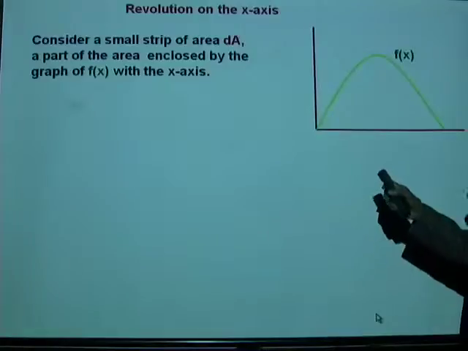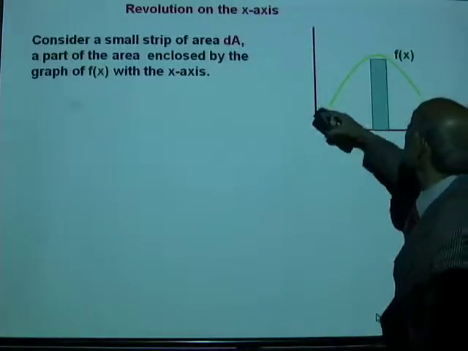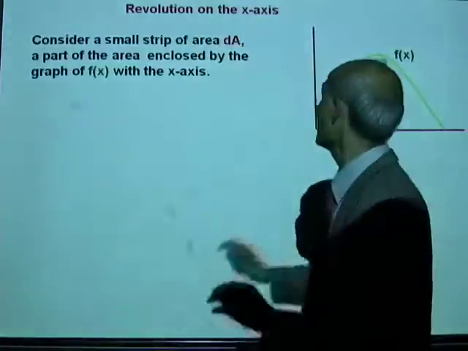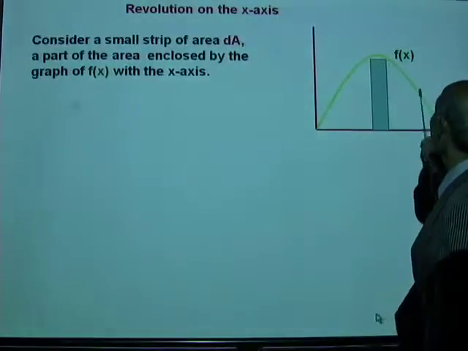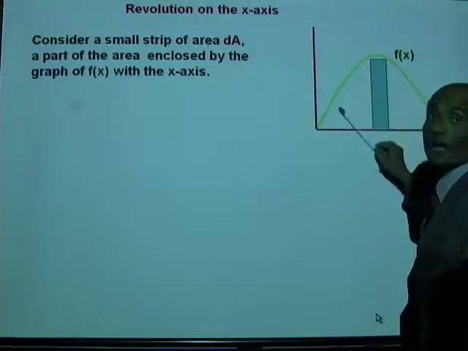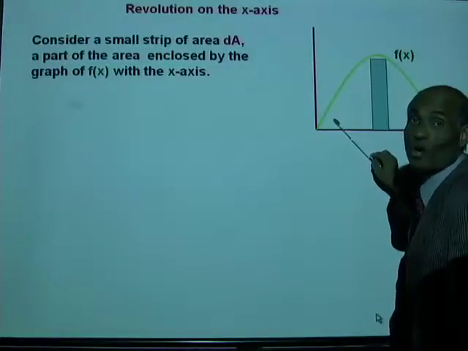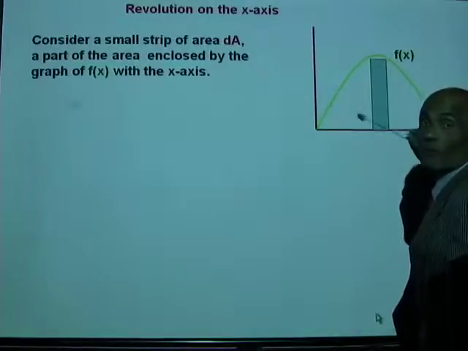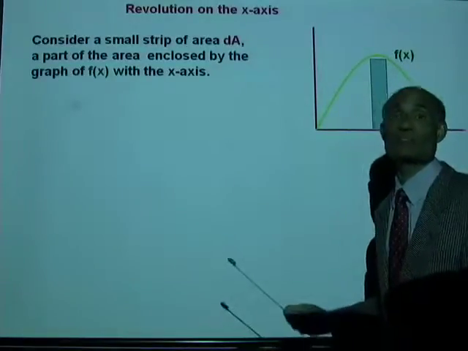Now we go back and look at the same area. We're going to revolve this area. This is the graph of f of x, and we need to find the volume of the solid generated when this area is revolved about the x-axis.